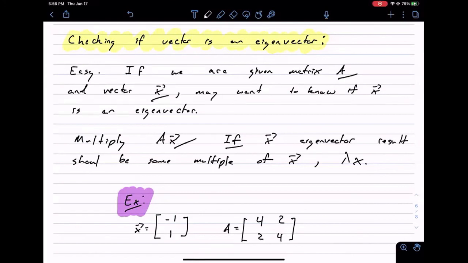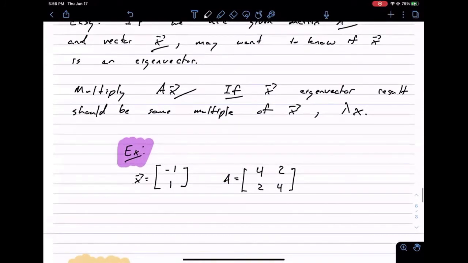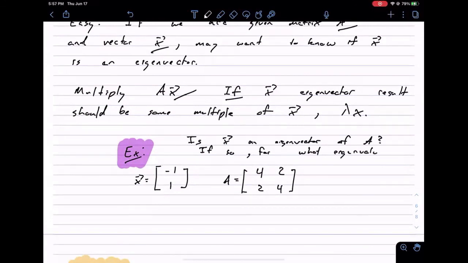If X is an eigenvector, the result should be some multiple of X, like lambda times X. So for example, I'm given these two things and I'm asked, is X an eigenvector of A? If so, for what eigenvalue? Okay, so how do I check?